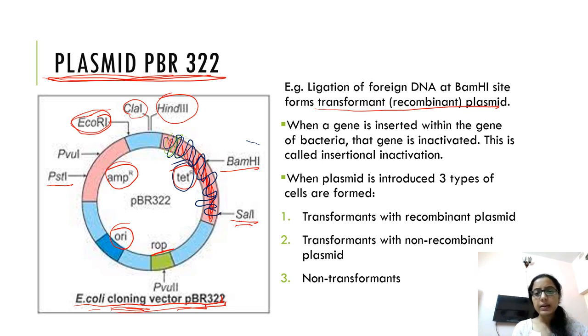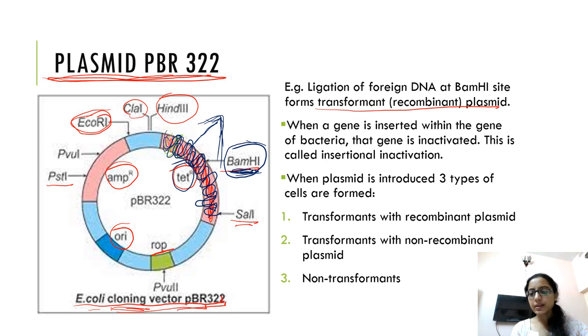That is called insertional inactivation. That means this BamHI gene is inactivated because we have removed that, and in place of BamHI we have inserted our gene of interest. Suppose we want vitamin A rich plants, and we have entered the gene which is responsible for vitamin A production. So we have removed this and we have entered our gene of interest. So this BamHI is inactivated now.